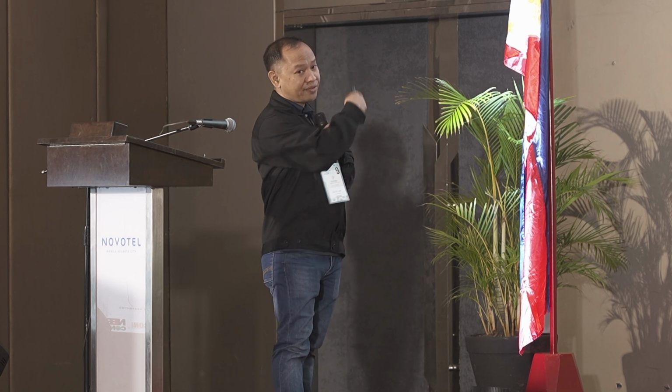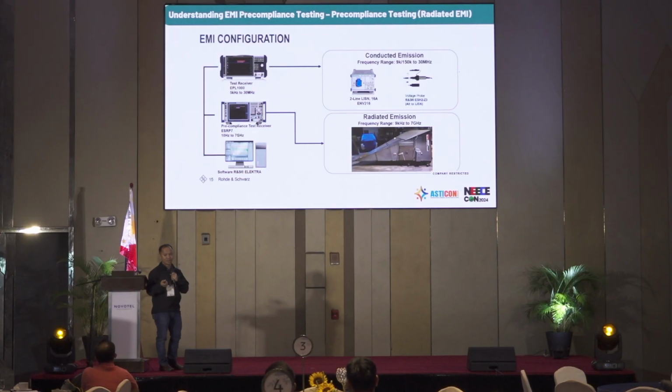And for the receiver, you can buy a pre-compliance receiver, or you can also use a spectrum analyzer. You can also use an oscilloscope that can do FFT to do your pre-compliance testing.